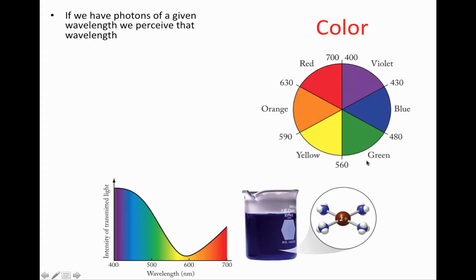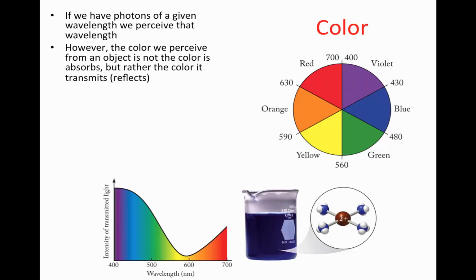Now I'm in a range of 480 to 560 nanometers. Let's say that we have 500 nanometer photons. So I'm shining the green light, I'm shining 500 nanometer photons onto the screen. Those are bouncing off the screen, and you're seeing those photons. So if you have color of just one wavelength and it hits your eye, that's the color that you see. And that's simple. That makes sense.